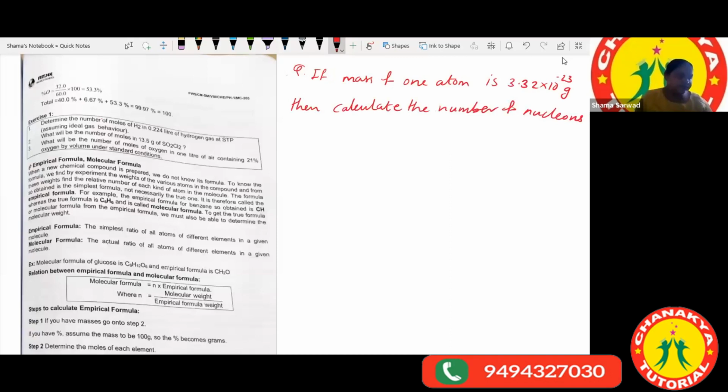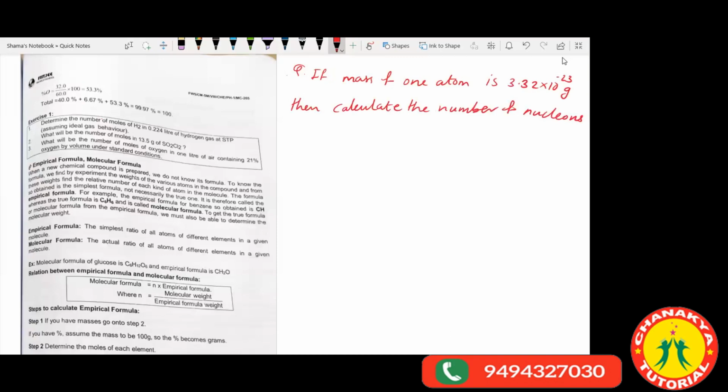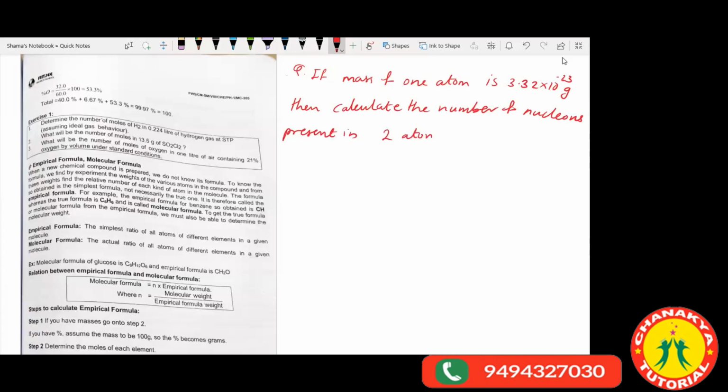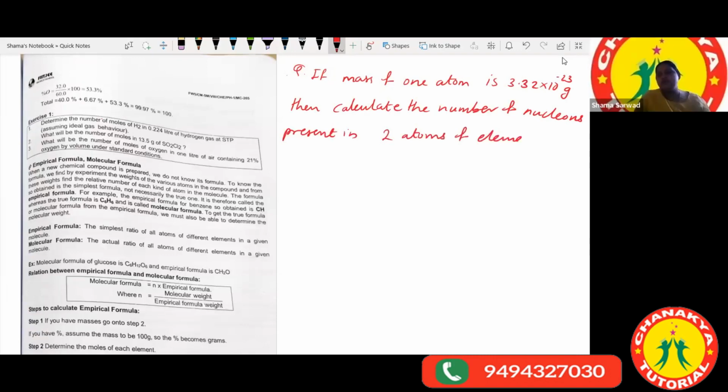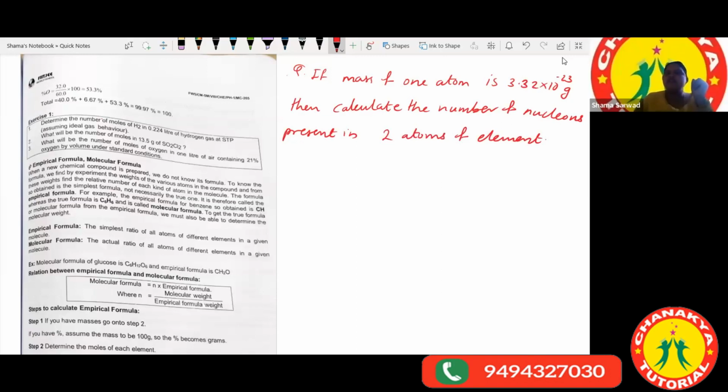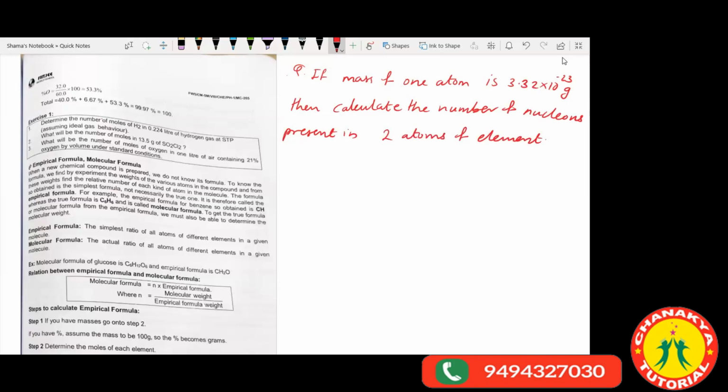Correct? Yes or no? Yes, ma'am. I am also giving you the options, and the options would be 40, 20, 10, 30, and so on, correct? I'm not going to write that, just calculate thoroughly.